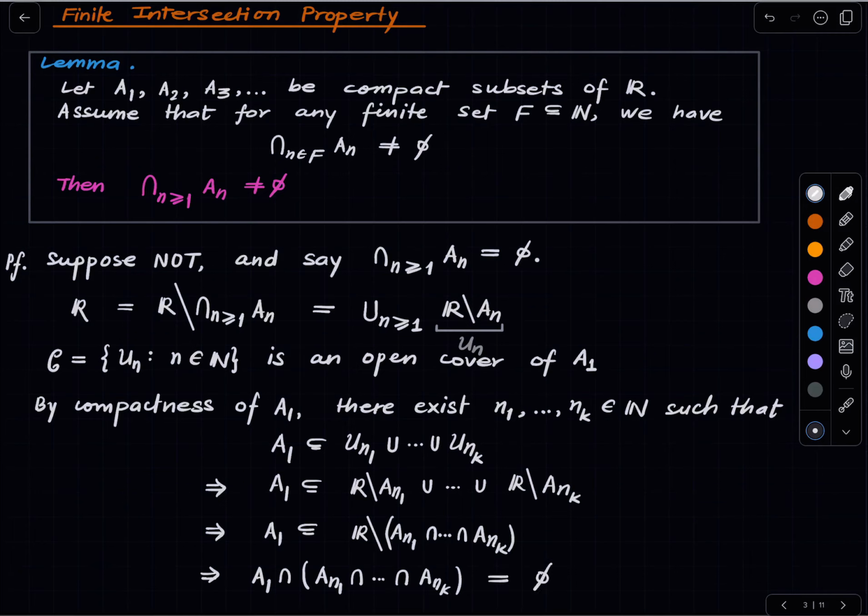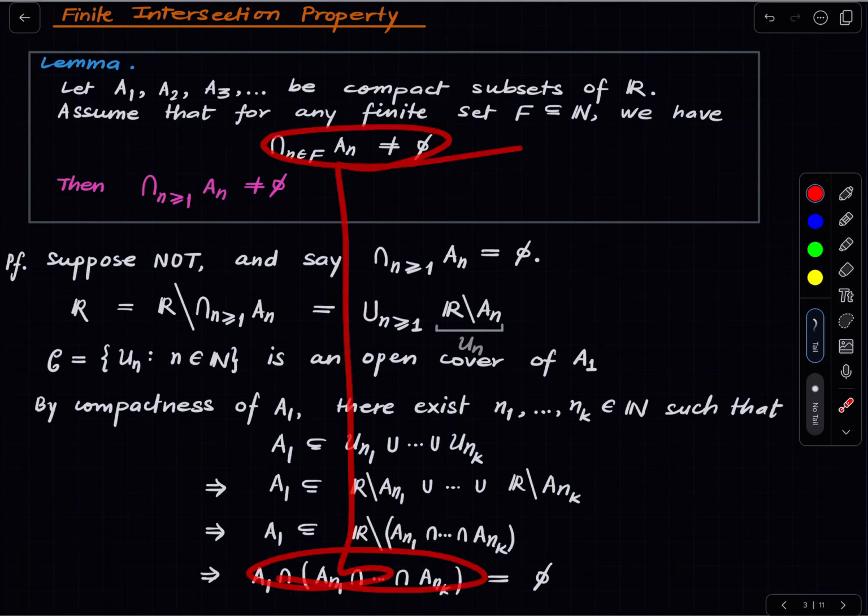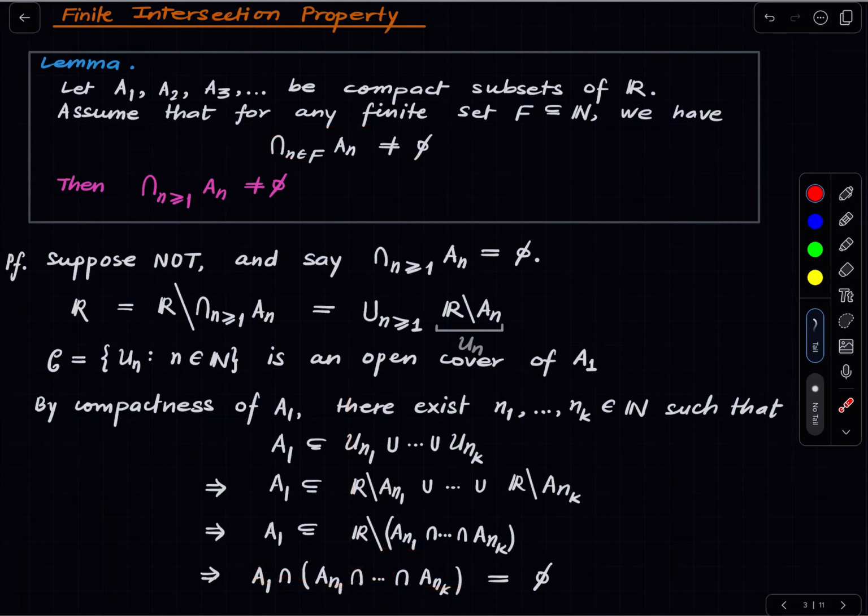Why? Because A1 is contained in the complement of these sets, so it is disjoint from them. And this contradicts the hypothesis that any finite subcollection of the Ai's intersects in a non-empty set. We have contradicted that, and therefore our assumption that the intersection is empty must be wrong, and that finishes this proof. So we have established this finite intersection property.